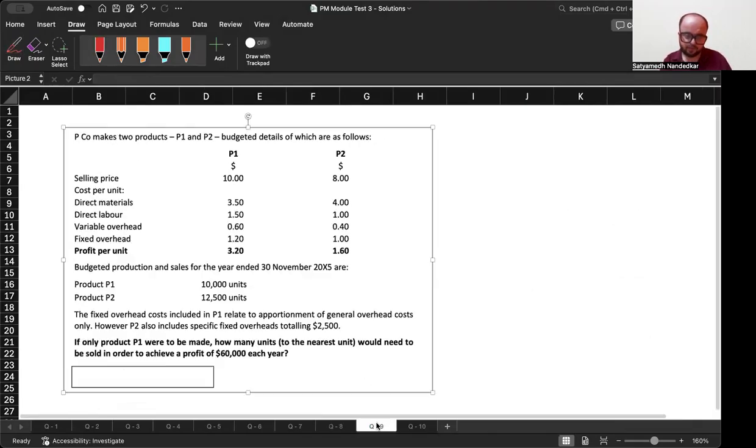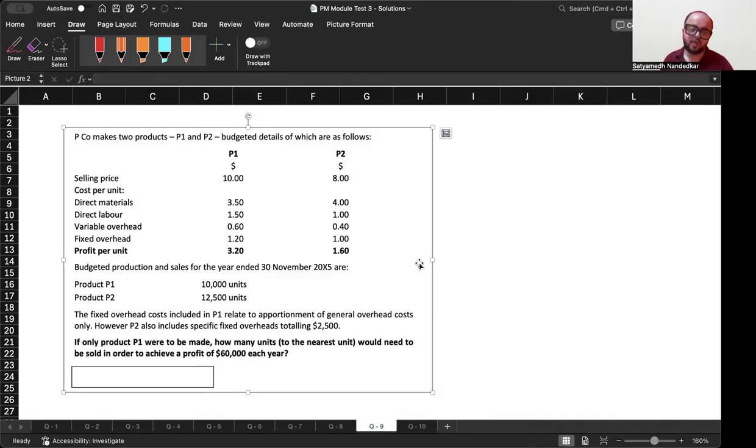Now, P makes two products, P1 and P2, budgeted details of which are given to you. Budgeted production and sales for the year ended 30th November 2005 are product P1 10, product P2 12,500. The fixed overhead costs included in P1 relate to the apportionment of general overhead cost only.